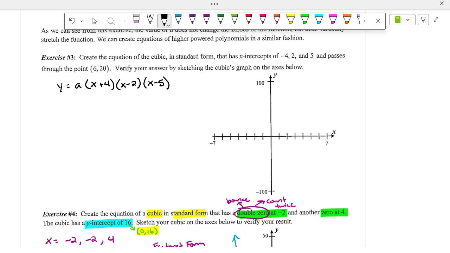Jonathan, what do I do next? Use the point (6, 20). Right. So it'd be 20 equals a times (6 plus 4), (6 minus 2), (6 minus 5).